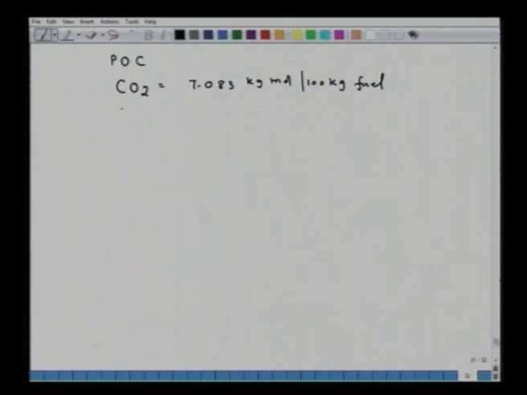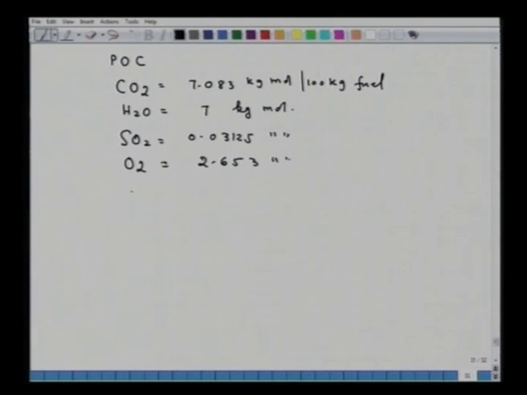Then H2O will be equal to 7 kg mole, SO2 0.03125 kg mole, O2 2.653 kg mole, and nitrogen is equal to 49.885 kg mole. Now, mind you, all these are based on 100 kg fuel.